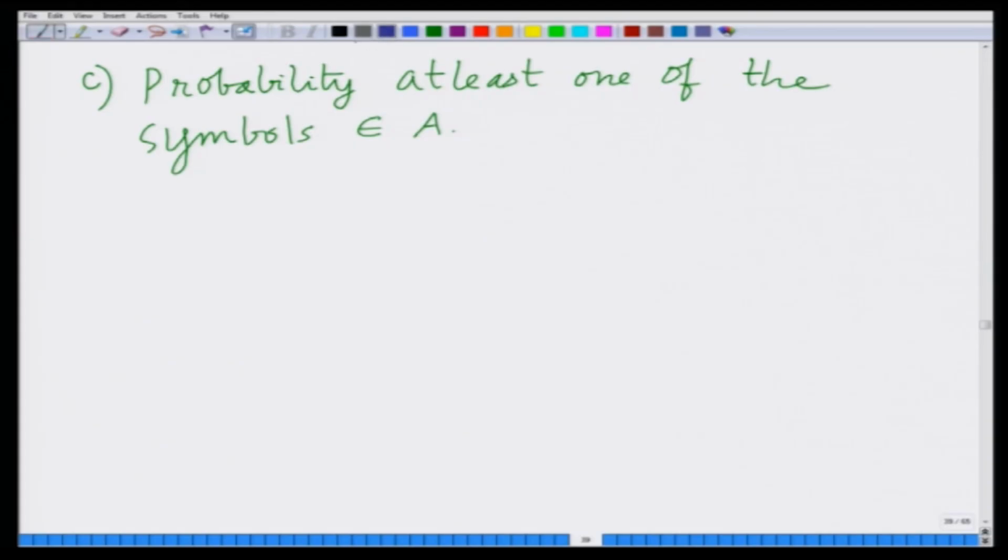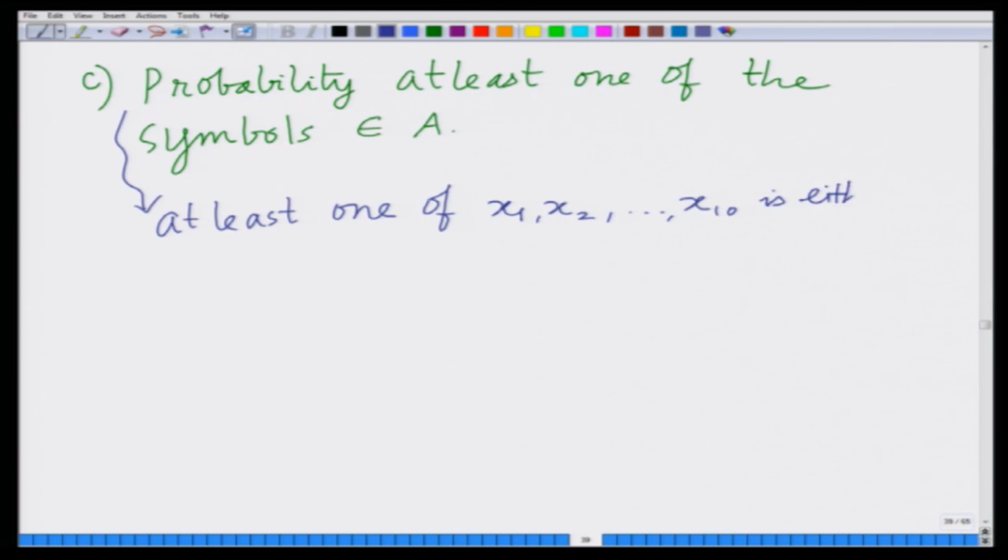that is, at least one of x1, x2 up to x10 is either minus 3 alpha or alpha, and this probability is also very simple.